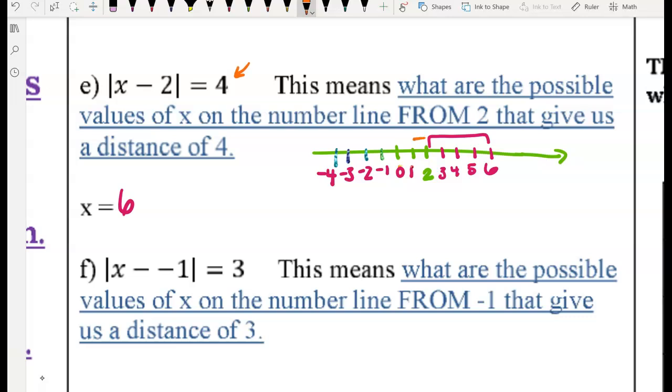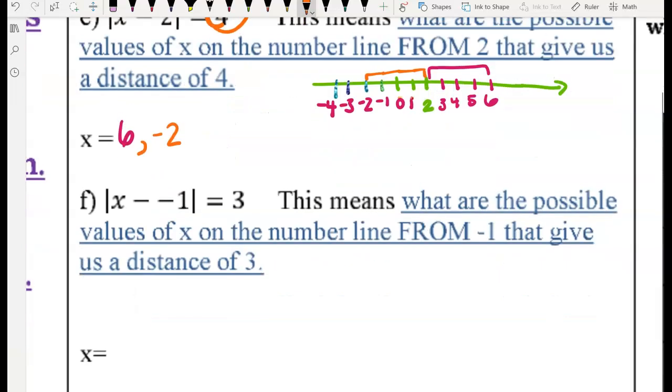So 1, 2, 3, and 4. So here is the distance of 4 from 2. So x could be either 6, which is on the right side of 2, or x could be -2. Those both will give us the distance of 4 units from 2.